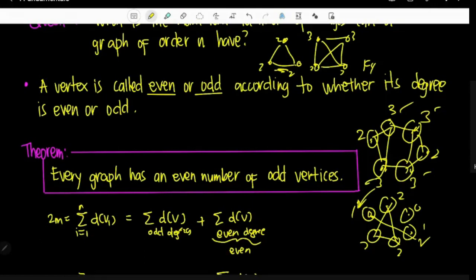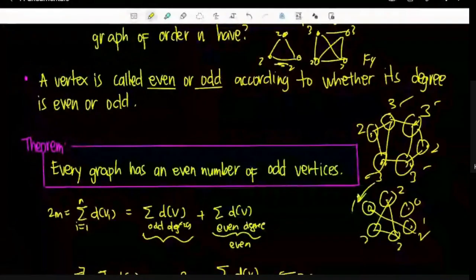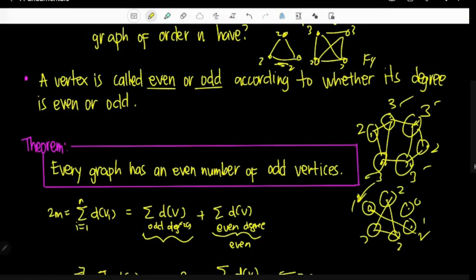Now, kung titingnan mo yung vertices by its parity, i-add mo lahat ng odd degrees, saka lahat ng even degrees. Ina-add mo dito lahat ng even ang degrees, ina-add mo dito lahat ng odd ang degrees.